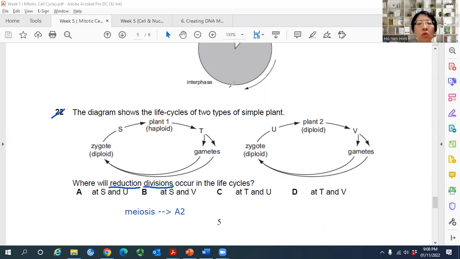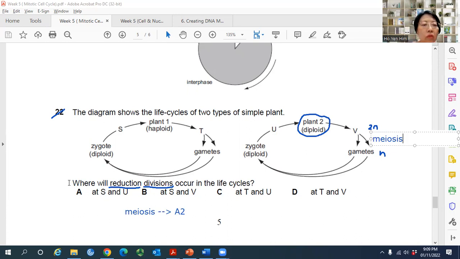So you know that in order to form gametes, usually the diploid organism, when they form the gametes, there's a reduction division, means the total number of chromosomes in the cell will become half. So this process is called reduction division, which is also called meiosis, because the total number of chromosomes becomes halved when they produce gametes by meiosis.